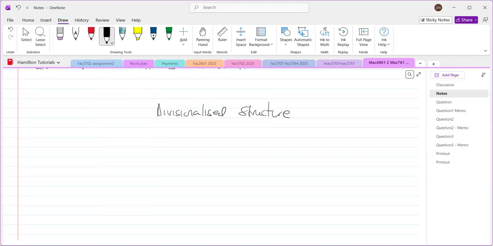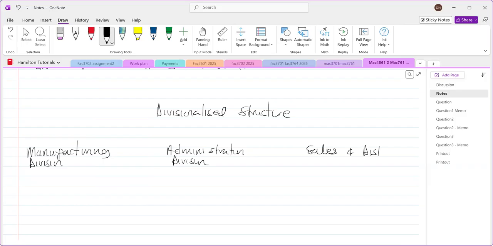So usually we expect that you will have at least the manufacturing division, the administration division, and the sales and distribution division.